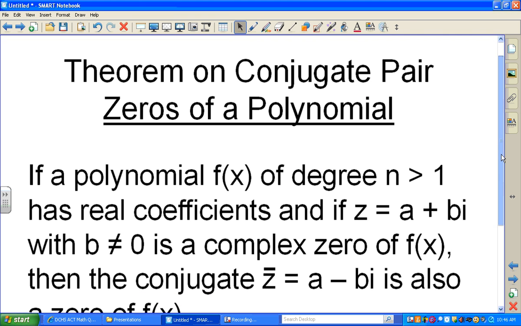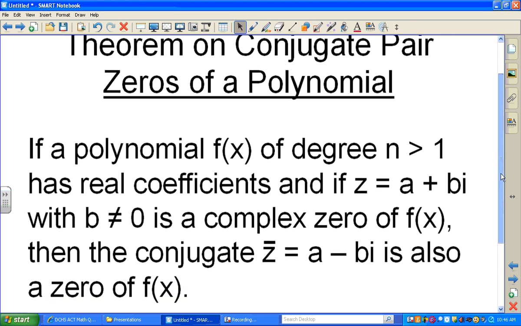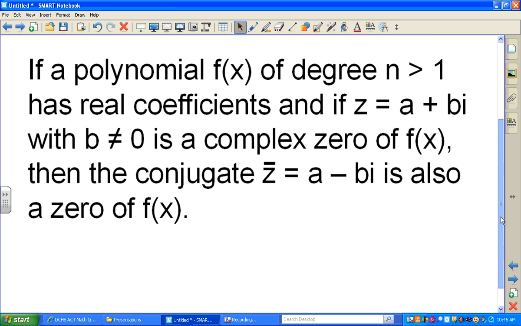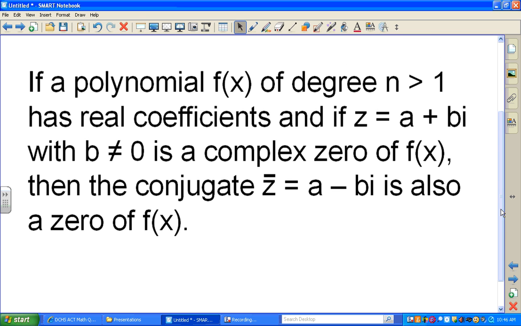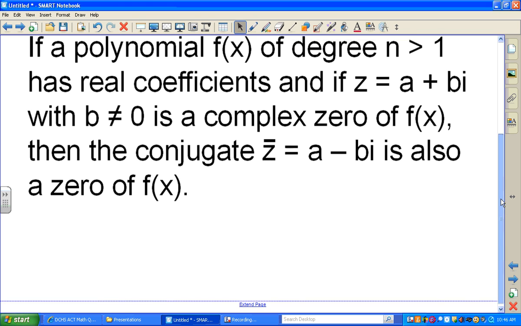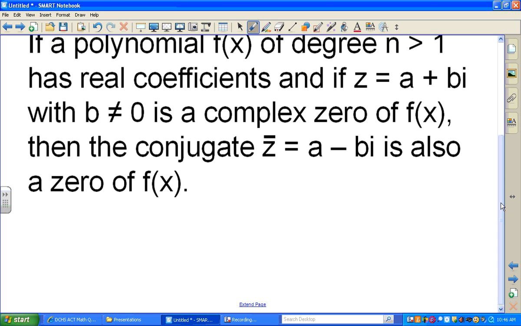All right. So, the theorem of a conjugate pair of zeros. If it has real coefficients, and b is not equal to 0, then z hat means that it's a conjugate of a number.